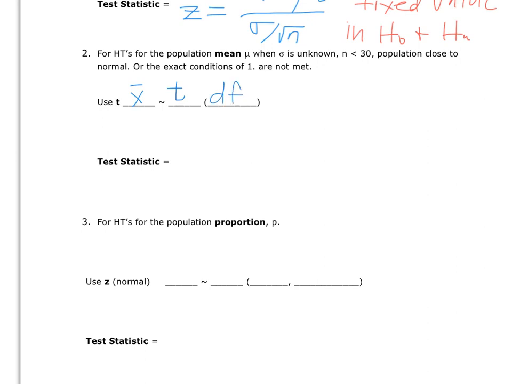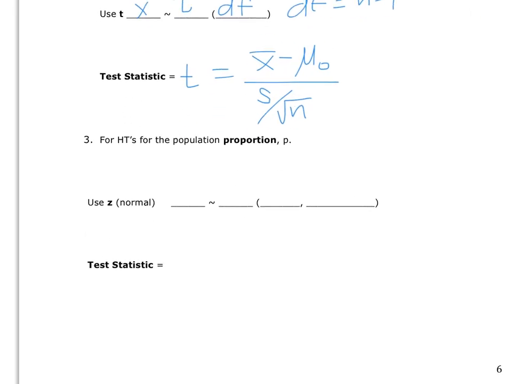Remember that degrees of freedom is equal to n minus 1. And the test statistic is going to look very similar. We take X bar, we subtract off that mean value from our hypotheses, and we divide by S over the square root of n, where S, remember, is sample standard deviation. Okay, so that's for when we have tests about the mean.